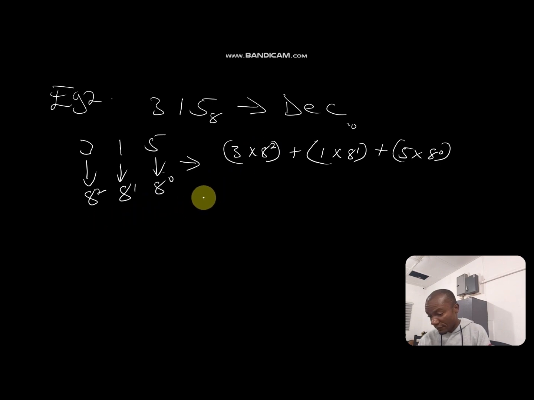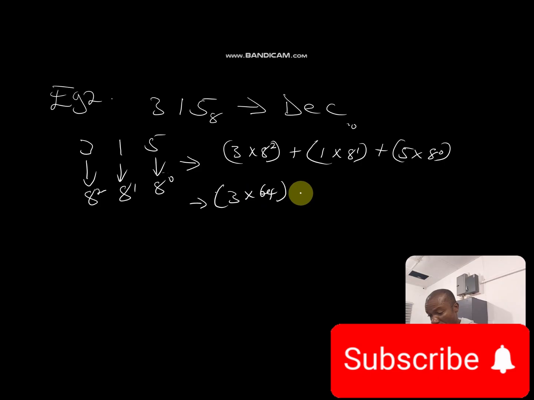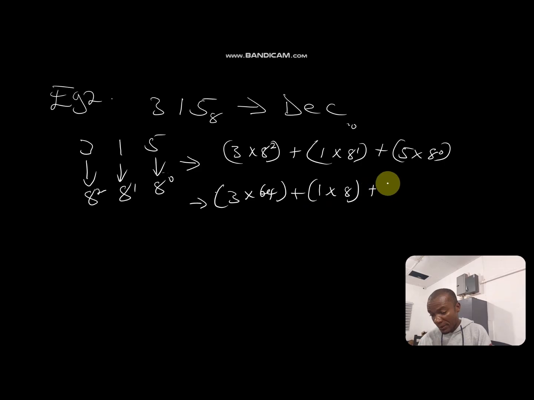So I have 3 times 8 raised to the power 2 is 64 plus 1 times 8 raised to the power 1 is 8 plus 5 times any number raised to the power 0 is 1. So 1.